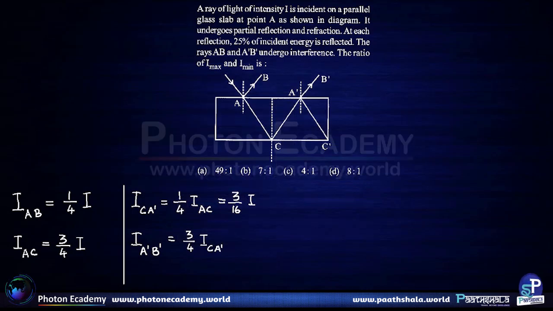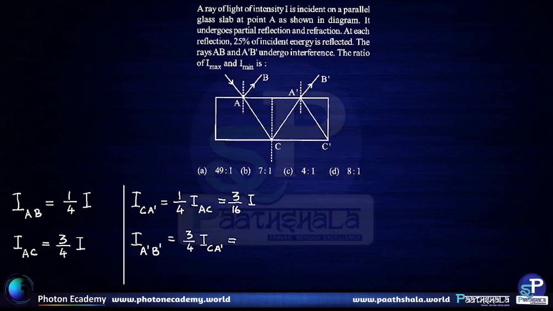Why 3/4? Because this is a refracted ray and the incident ray has 25% of the energy, and therefore the refracted ray would have 75% of the energy. This is equal to 9 by 64 capital I.